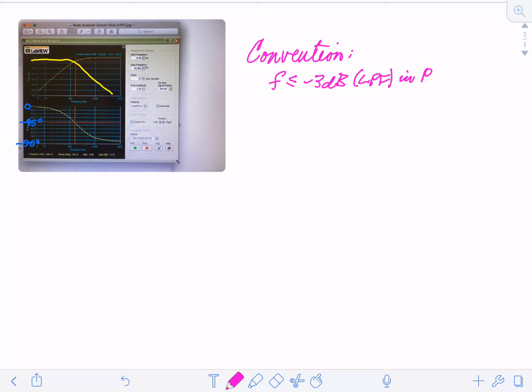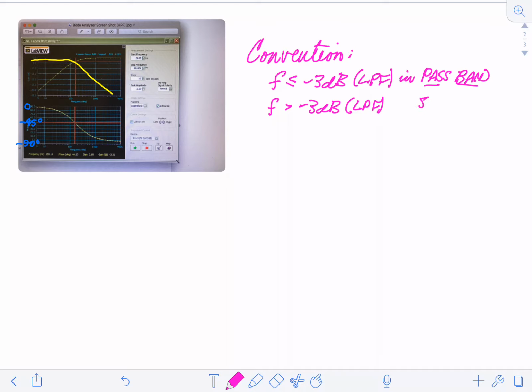In the pass band, meaning that those frequencies make it through the filter and get out the other end.